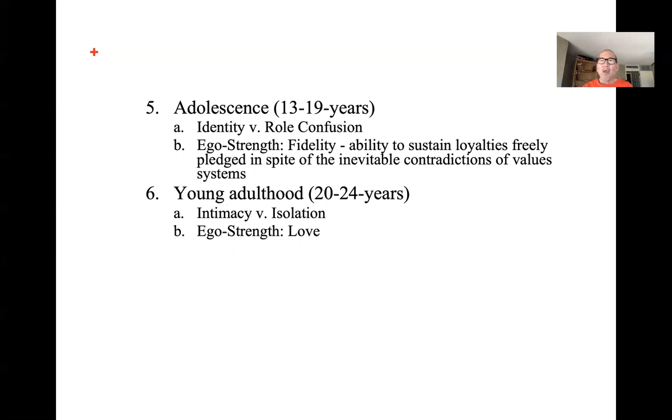Versus isolating oneself at the workplace, or from friends, or having difficulty finding someone with whom they can be intimate and be themselves. If they are able to go down the path of intimacy, the ego strength is the capacity to love.